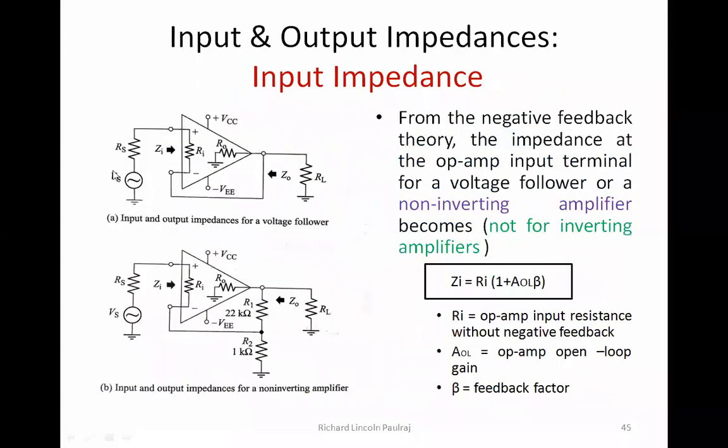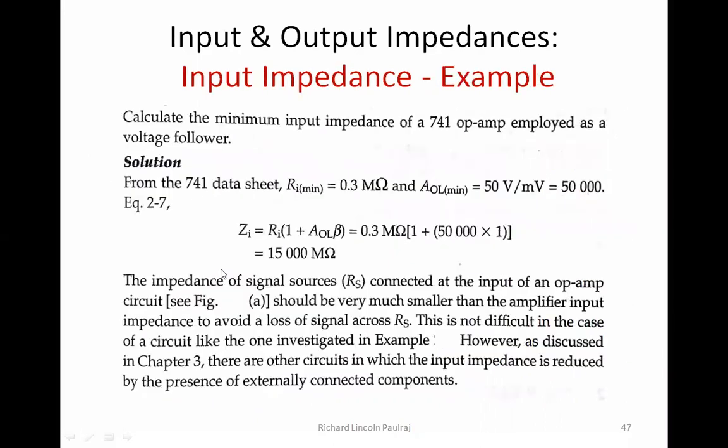Just look at this RS in figure A. This is the resistance that we are talking about. This should be very much smaller than the amplifier input impedance to avoid loss of signal. As I mentioned, if this resistance is too high, can I pass the information signal to the circuit? Am I able to pass if the resistance is too high?